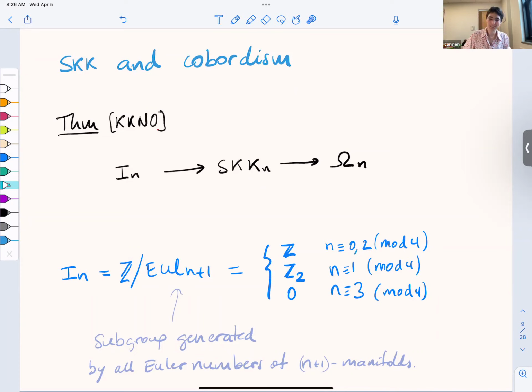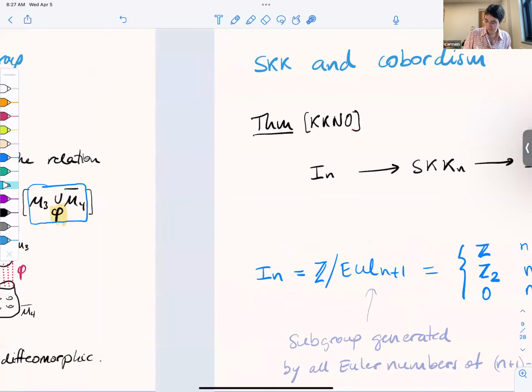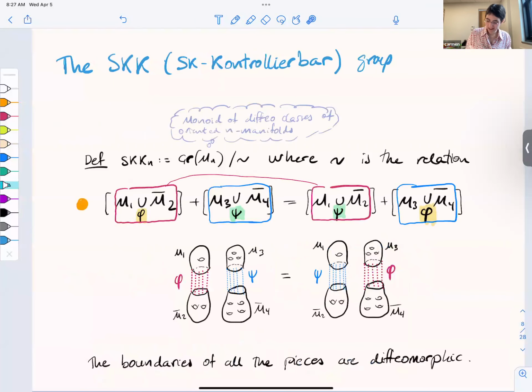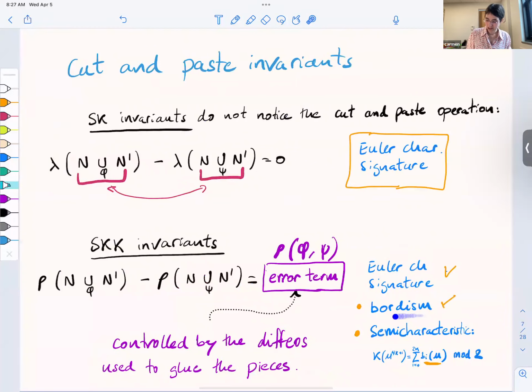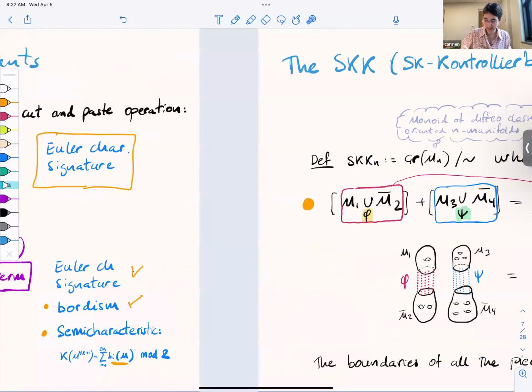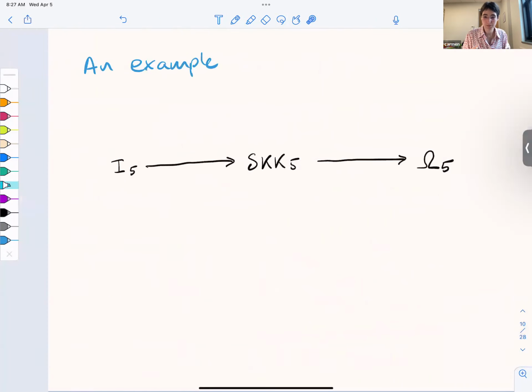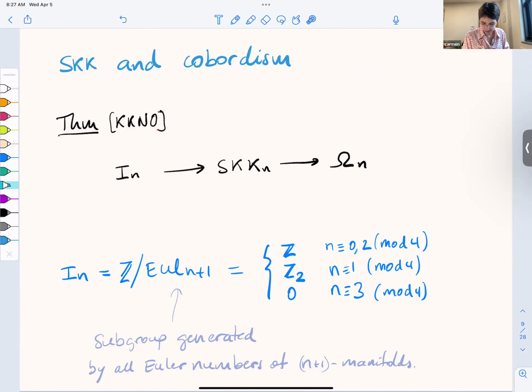SK and bordism, like oil and water, do not match. There's no map from one to the other. But SKK actually does surject onto cobordism. As we saw over here, bordism invariants are SKK invariants. So that already gives us a kind of motivation for this exact sequence.